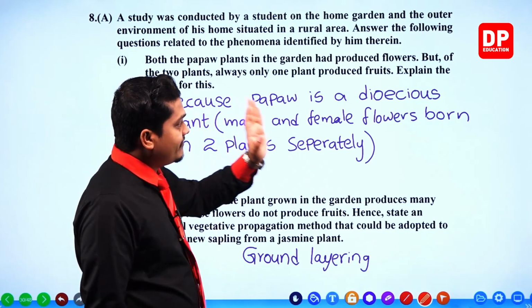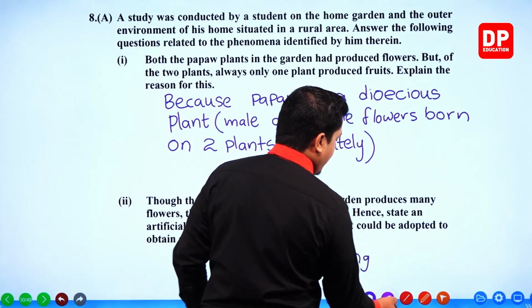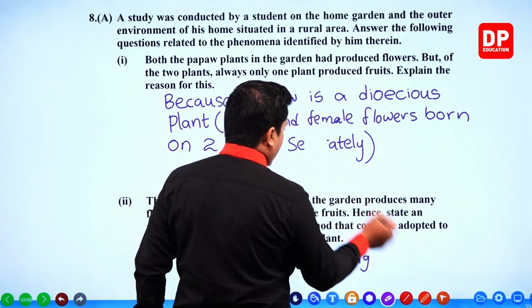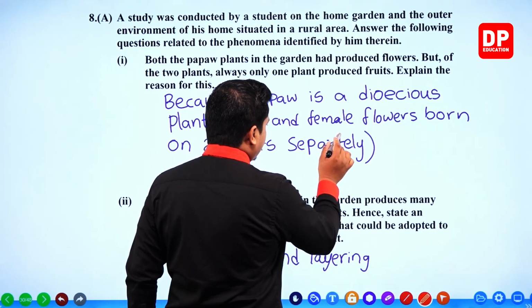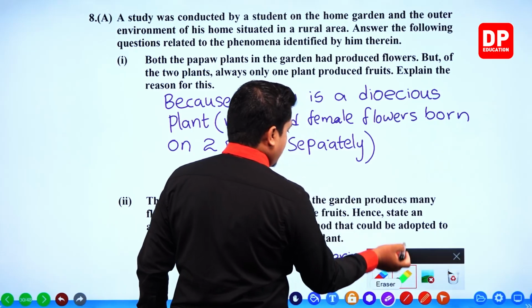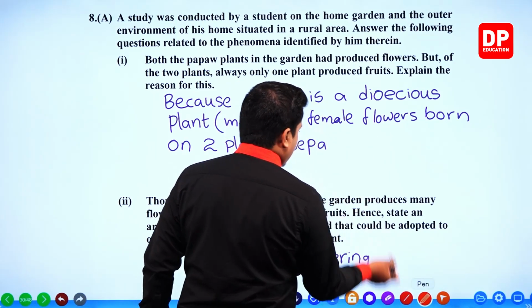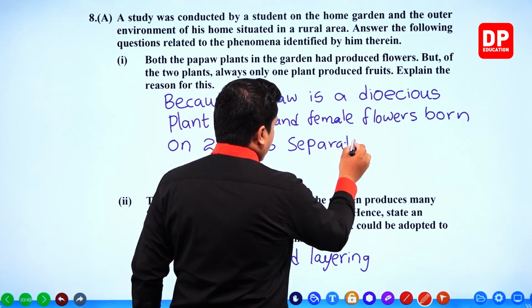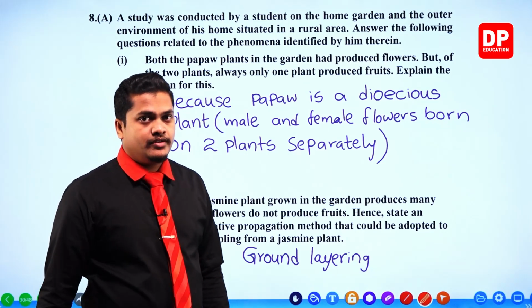So the male and female flowers are born on two plants separately. Right. So this is the answer for the first question.